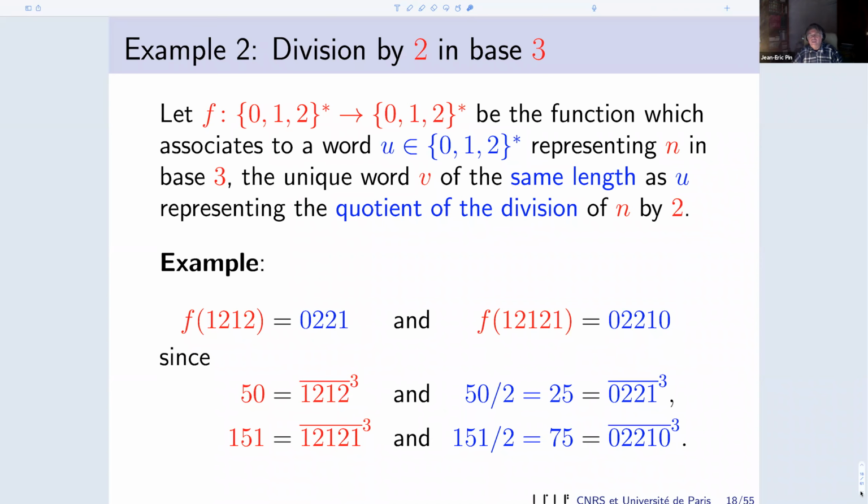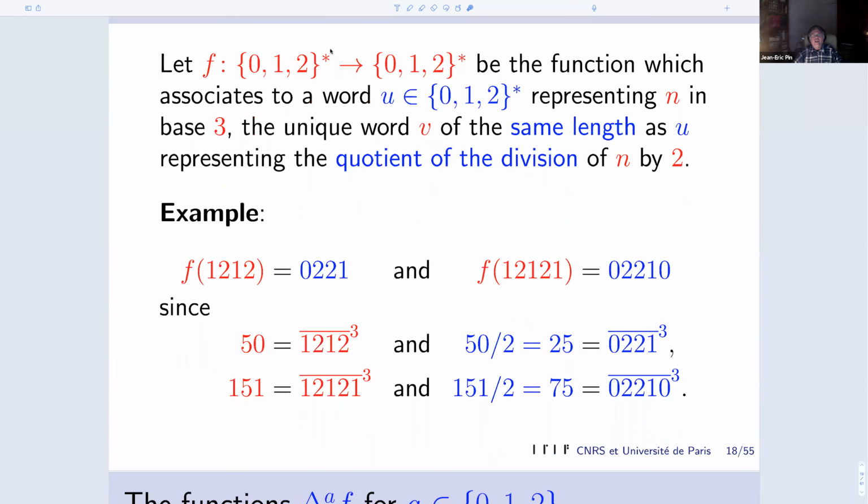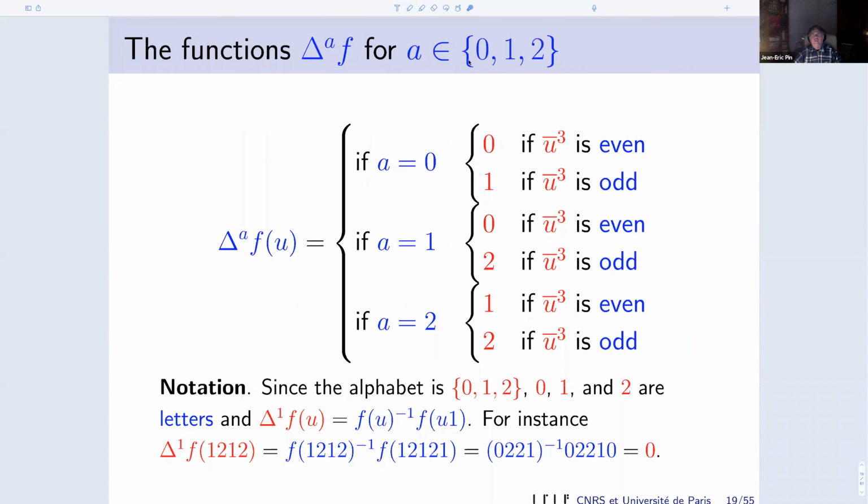Now let's compute the difference operator applied to this function. So let's start with delta A, where A is a letter. You have to be careful because the alphabet is now 0, 1, 2. So when I use delta 1, or delta 2, it doesn't mean the iteration twice of delta, but it's just the delta corresponding to the letter.